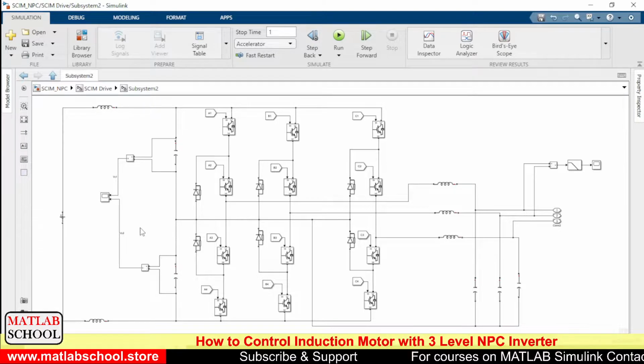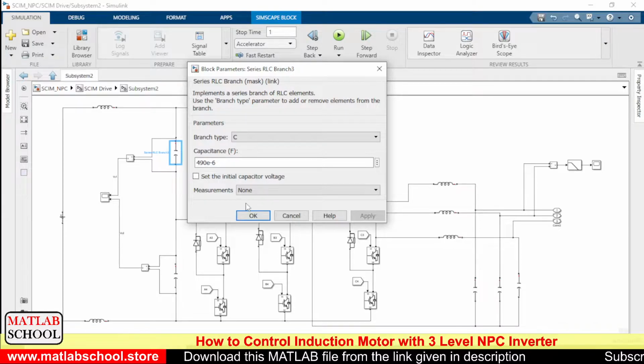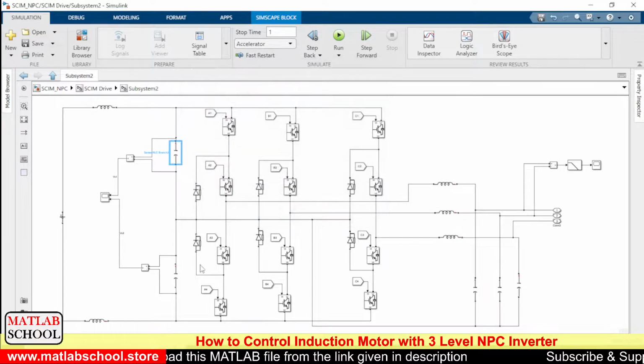To get the neutral point, we are taking the supply from the center point of these two capacitors. Here the capacitor used has a value of 490 microfarad.